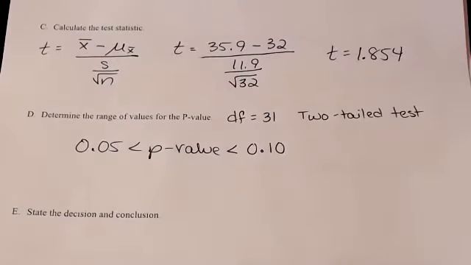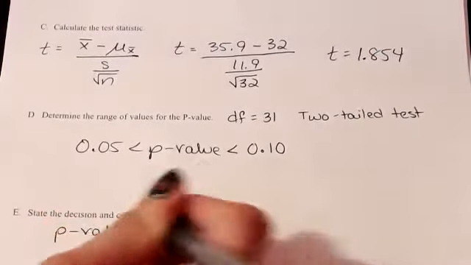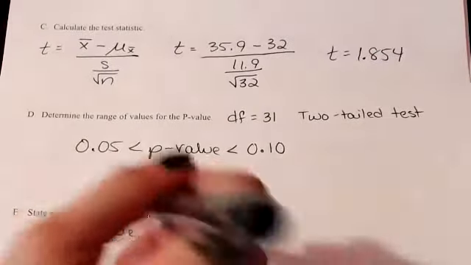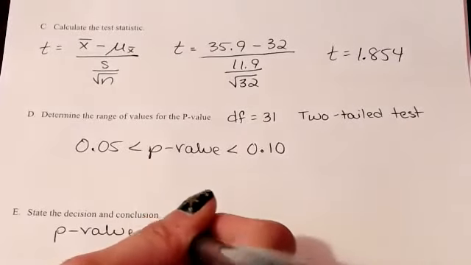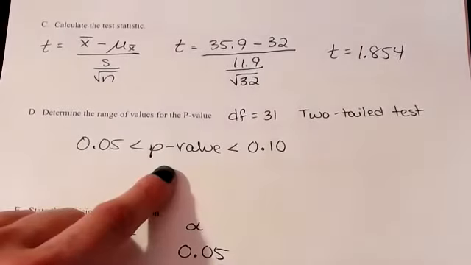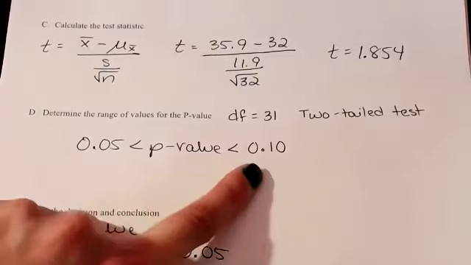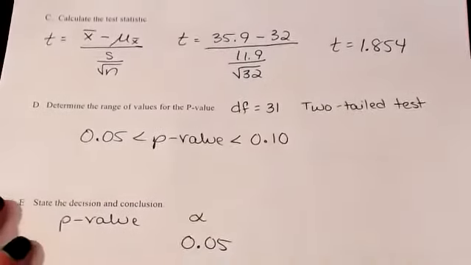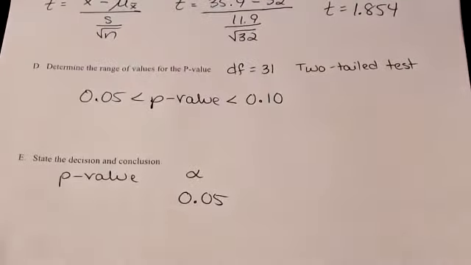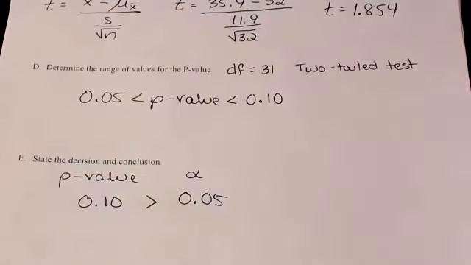Now we have to compare the p-value with our alpha. Keep in mind that from our previous page, we saw that our alpha was 0.05. But we see that our p-value lies between 0.05 and 0.10. So what we can do is say that our upper bound, which is 0.10, is definitely greater than our 0.05.